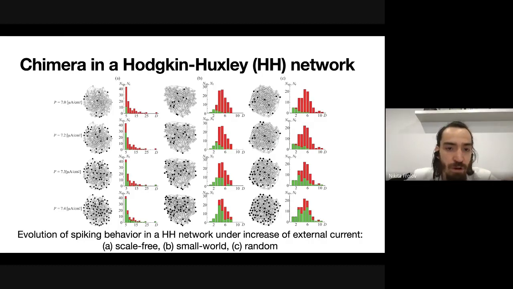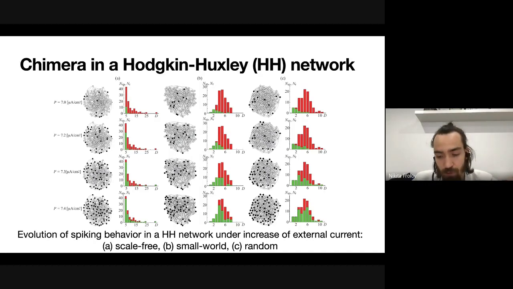With increasing current bias, we see that network elements with the lowest degree, which means that these nodes are peripheral and coupled with the smallest number of elements, are excited first. On the contrary, the hub elements, which have much higher degree, are excited last.